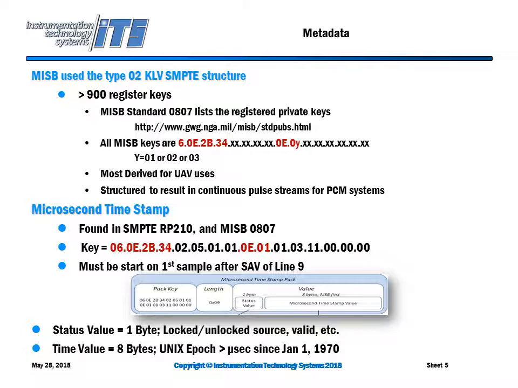And you can find that list online as shown here to locate a key that might be of interest or use to you. Most of these were derived for UAV uses. In fact, if you take a look at the first couple of hundred keys, they were actually designed within the Predator program to take information for these initial UAVs, and the way they were testing them and the way they used them.